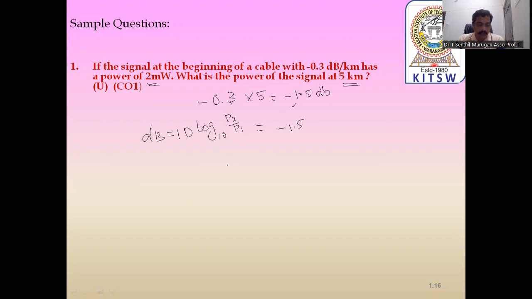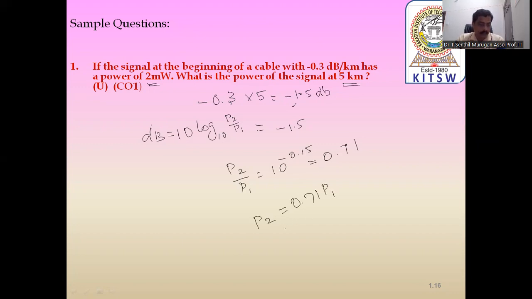Now we calculate P2 by P1. This is 10 power minus 0.15, which is 0.71. So P2 equals 0.71 P1.